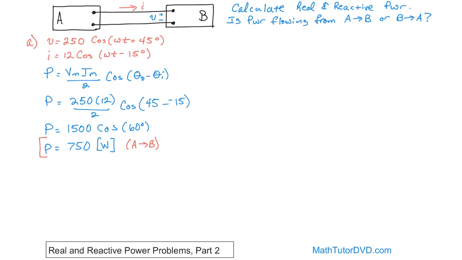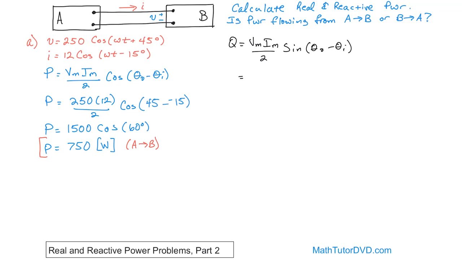Now what we want to do is calculate what the reactive power is doing. The equation for Q is very similar: Vm times Im over 2, but you'll just have the sine of theta V minus theta I. So it's almost exactly the same thing.